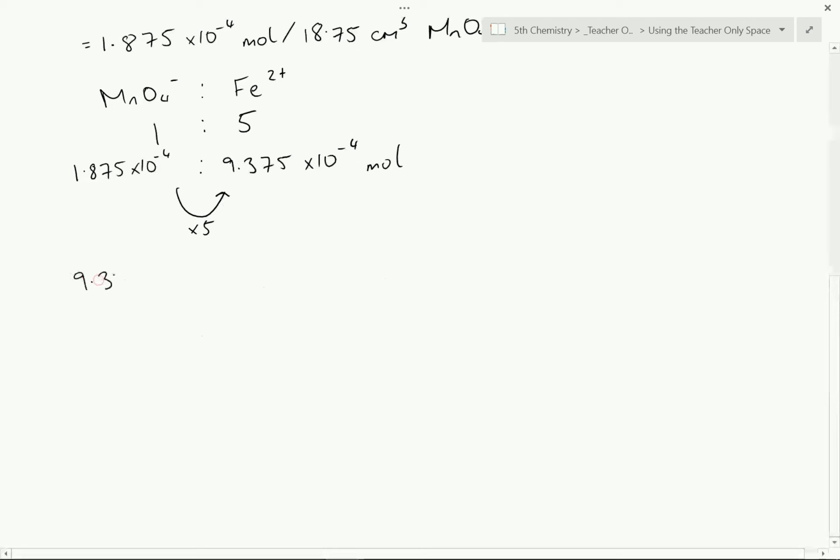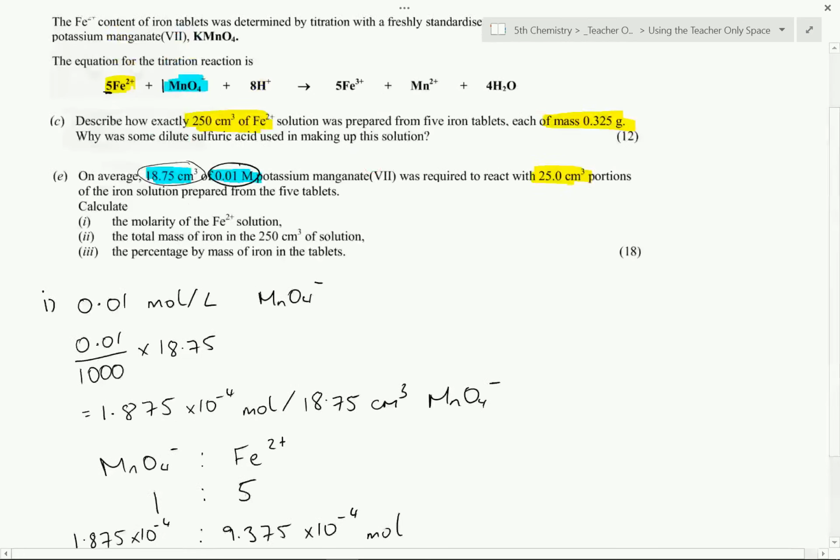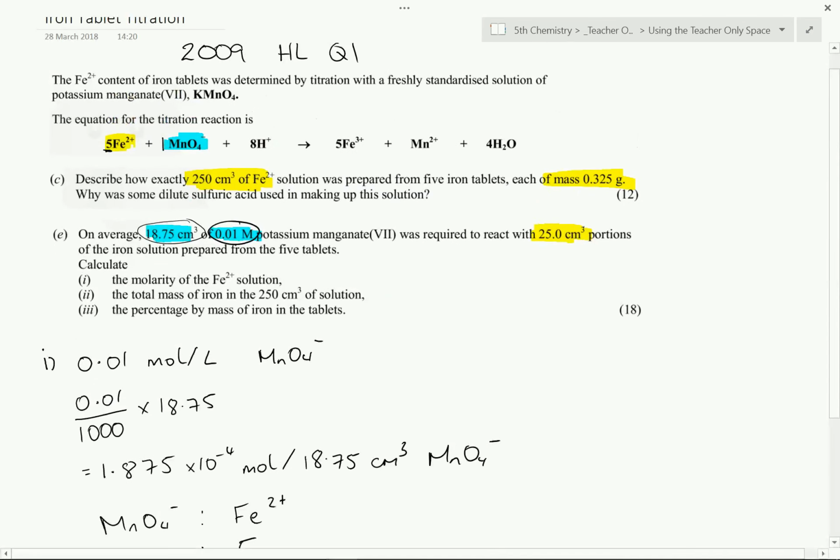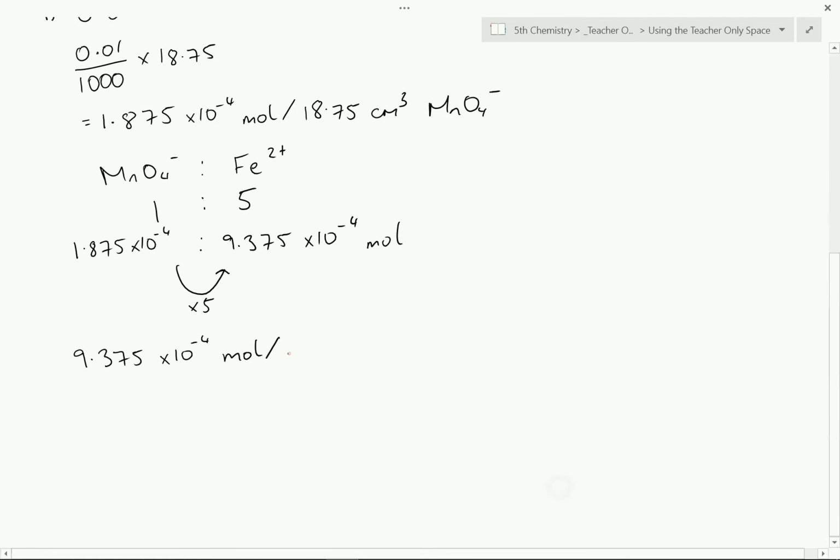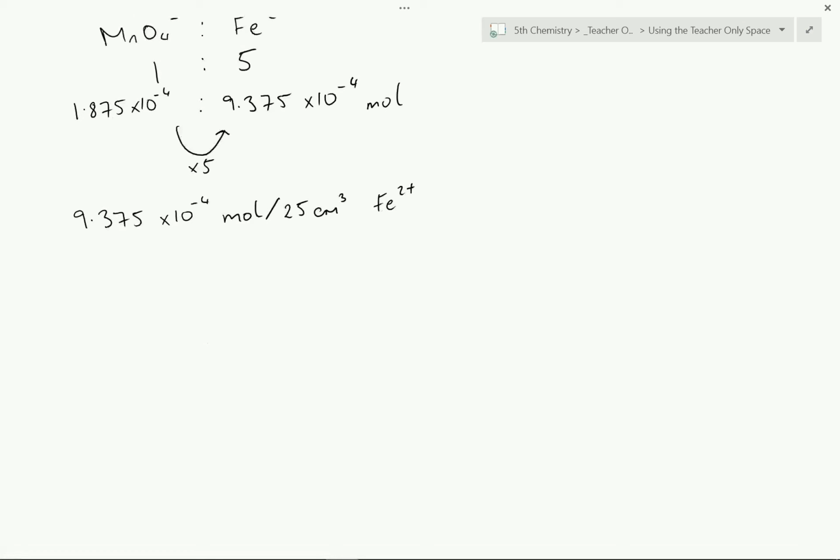So there were 9.375 times 10 to the minus 4 moles in, how much iron solution did we use each time? 25 mils. So that's how many moles there are in 25 centimetres cubed of the iron 2 plus. But the question wanted molarity, and molarity is moles per litre.